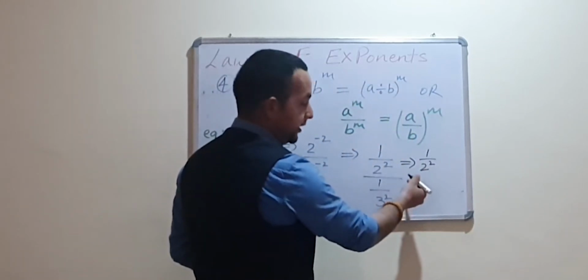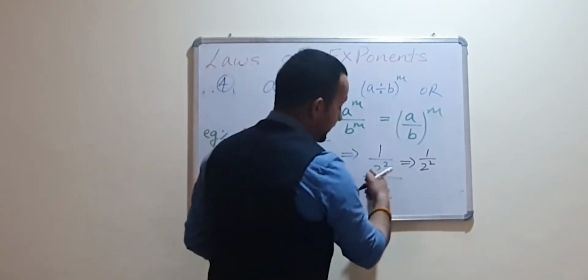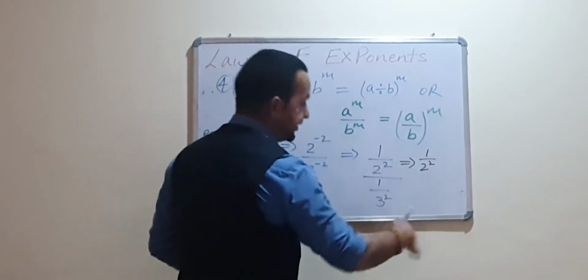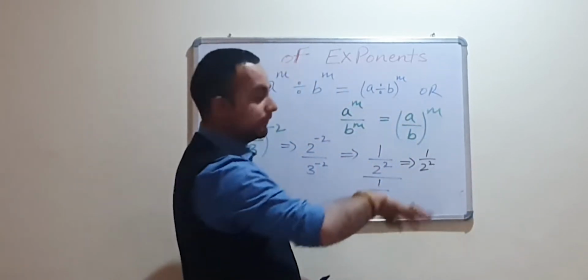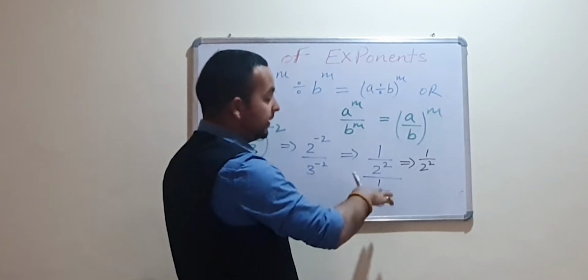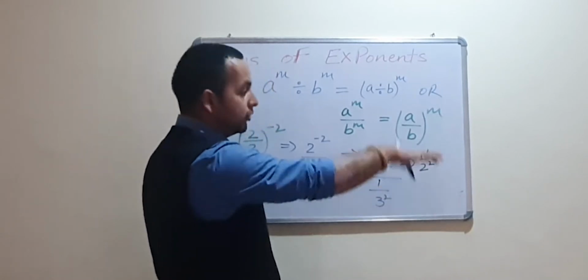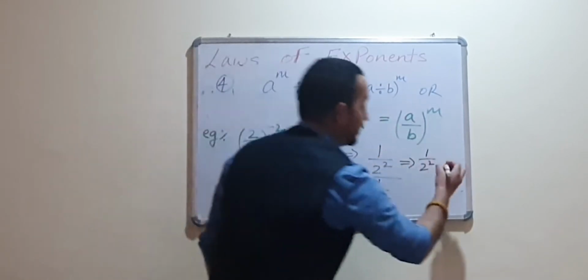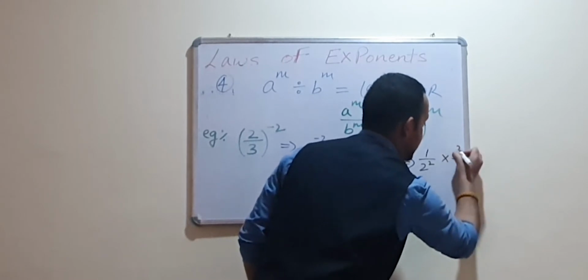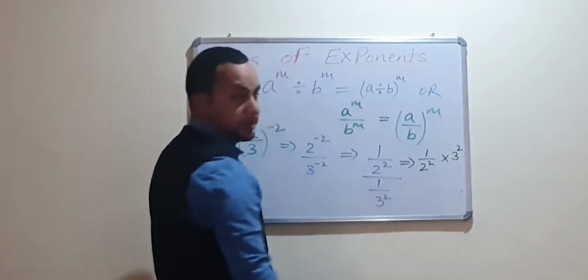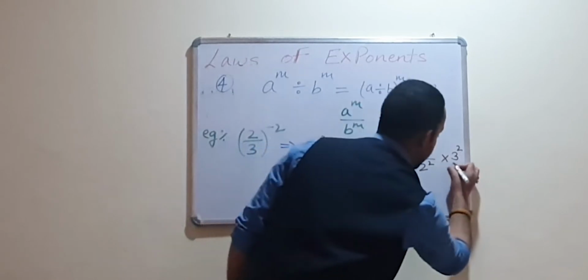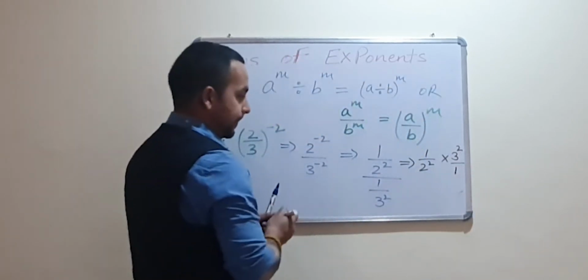This is a division, right? And when it moves from denominator to numerator, its operation will be changed. So we will take a reciprocal of this number. So 3 square will become like this and 1 will come here.